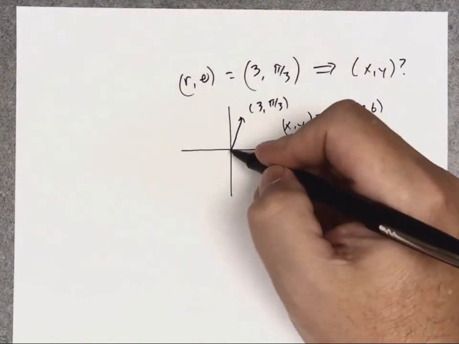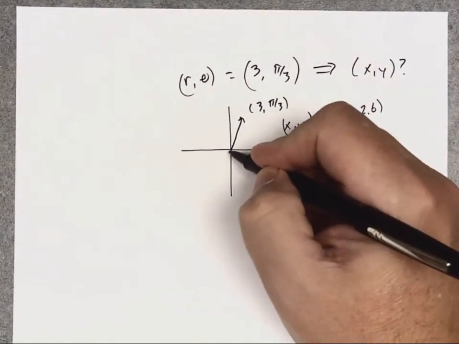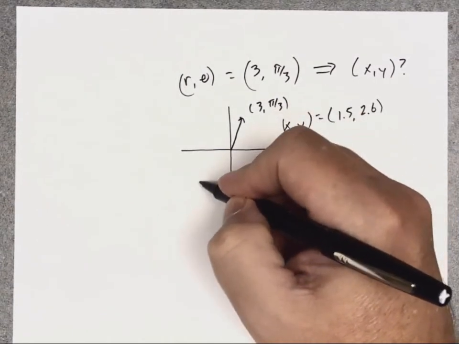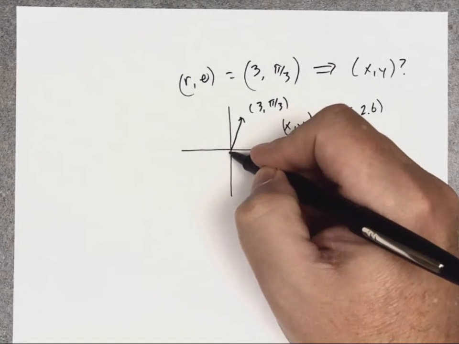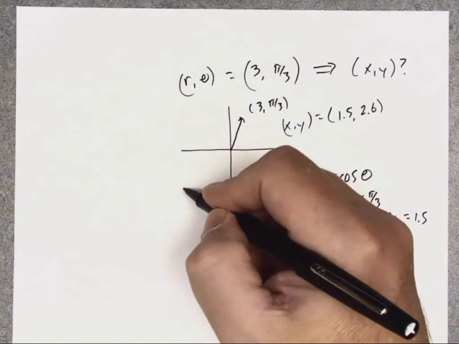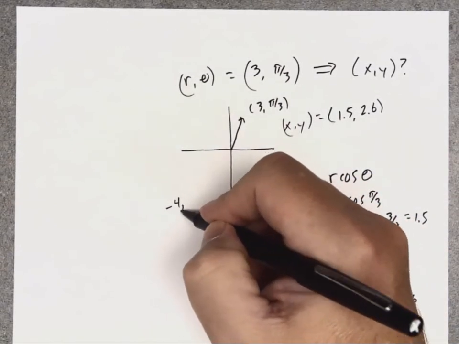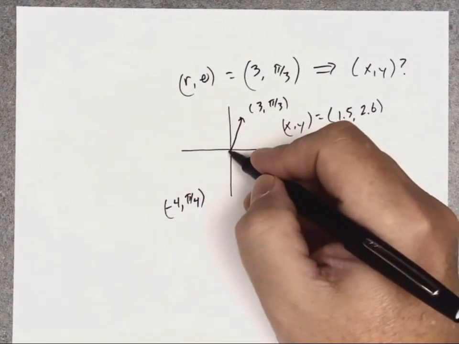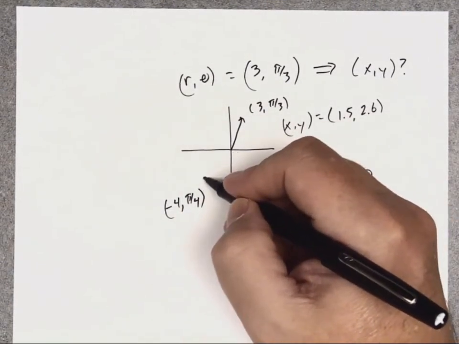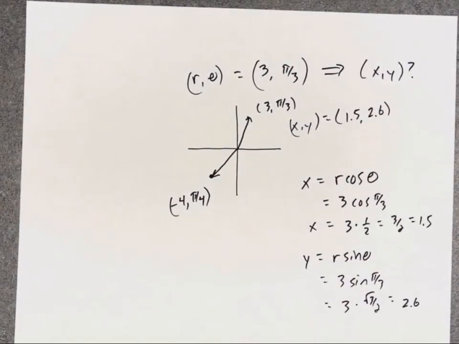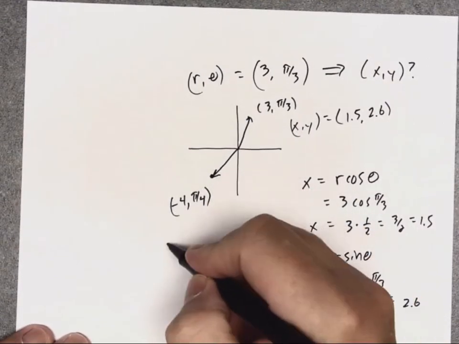Now the nice thing, very last problem, you don't have to worry about goofy things going on with this. In other words, if I chose the point, how about I chose, oh, let's just be goofy. How about I'll call it -4, pi over 4, which is going to be right here. Let's see what happens when we apply our formulas.